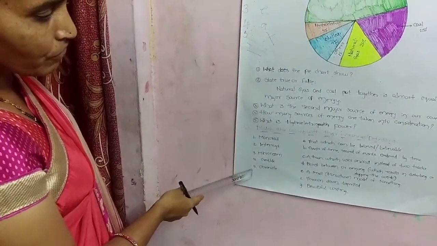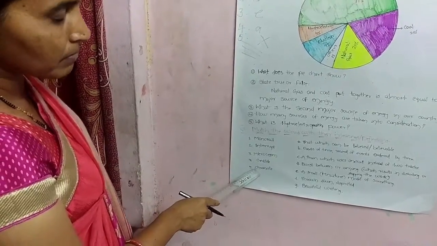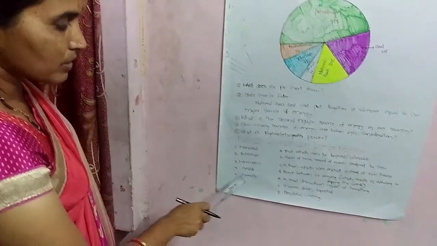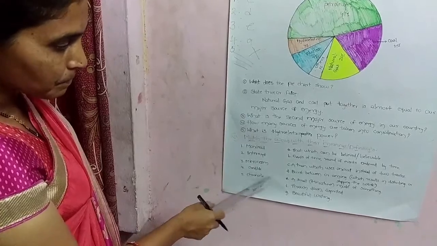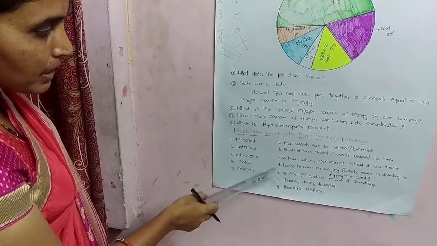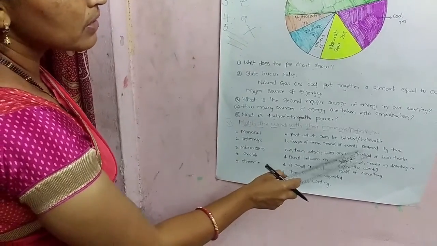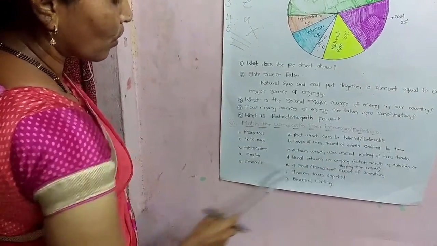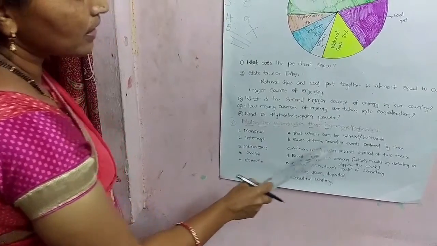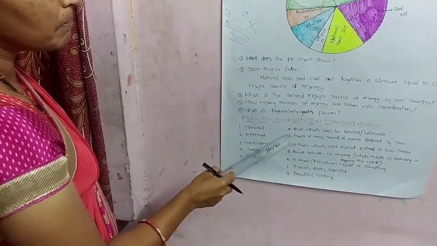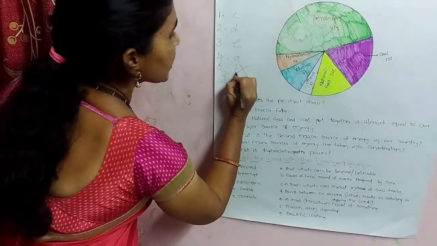What is the meaning of chronicle? Chron means age. Where is the age-related meaning here? See here, B: events of time, record of events ordered by time. So chronicle means time. So here is the answer. That alphabet is B. So exactly you can write.